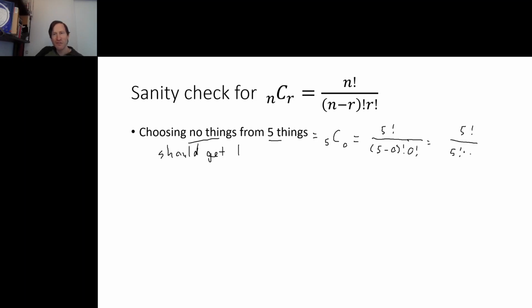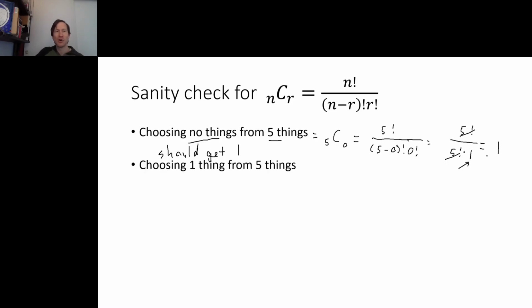And remember, 0 factorial is 1. Mathematicians agree, this is really why 0 factorial needs to be 1. It's so that this formula will work. And then the 5 factorials get simplified, and you're just left with 1, which is what we were supposed to get. So the formula does work in this case. All right, let's look at another example.